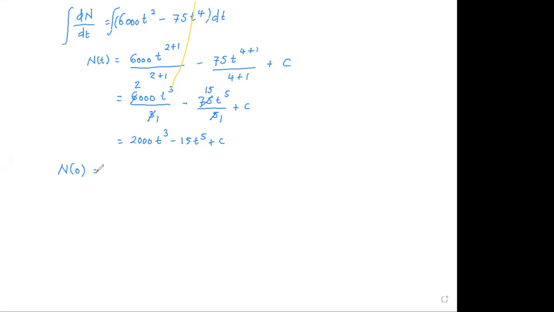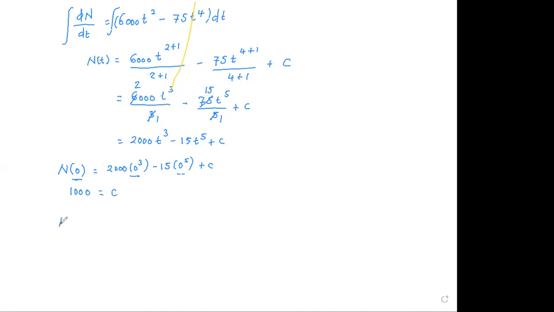So we'll have 2,000 times 0 to the power 3 minus 15 times 0 to the power 5 plus c. But we are told that this is 1,000, the initial. This is 0, that is 0. So we get c to be 1,000.